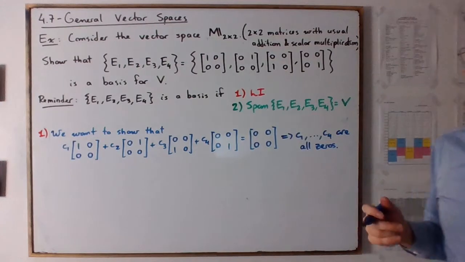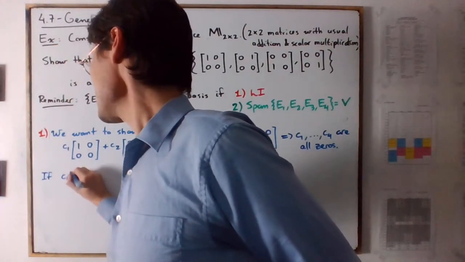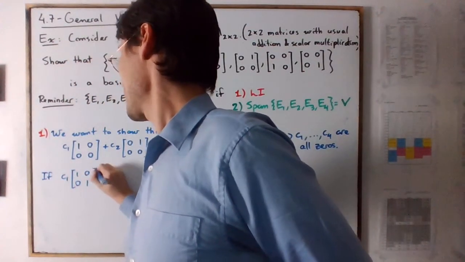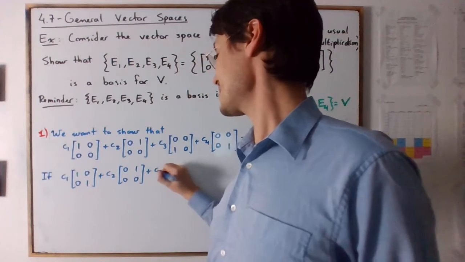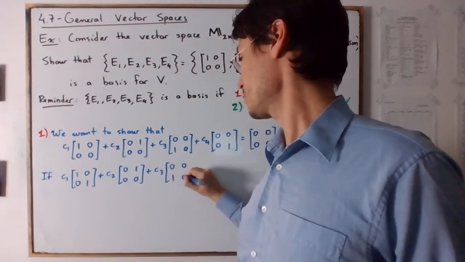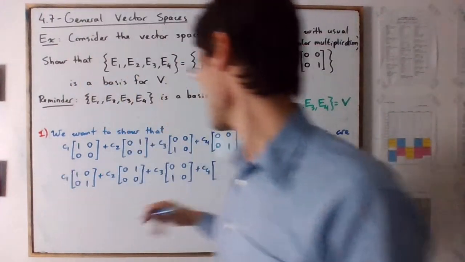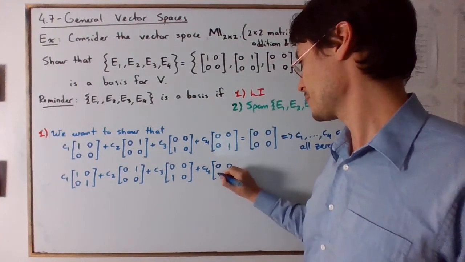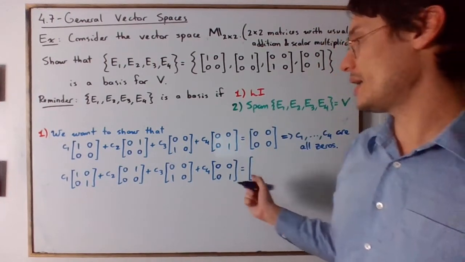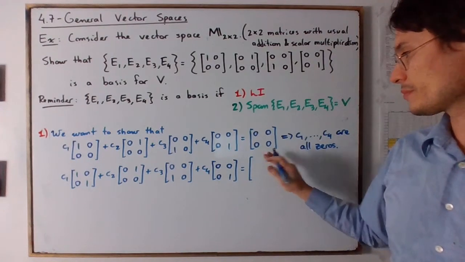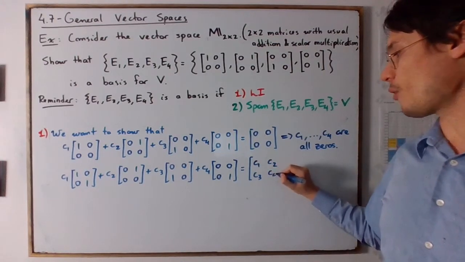Now the idea is that this equation is obviously going to give the matrix C1, C2, C3, C4.